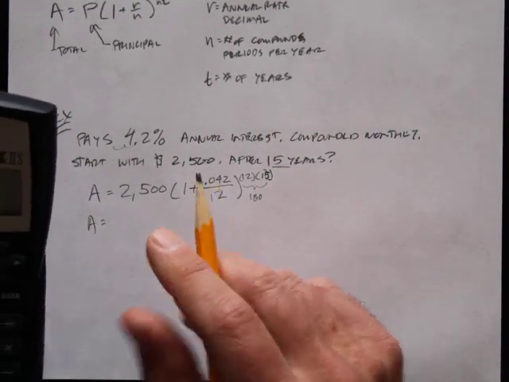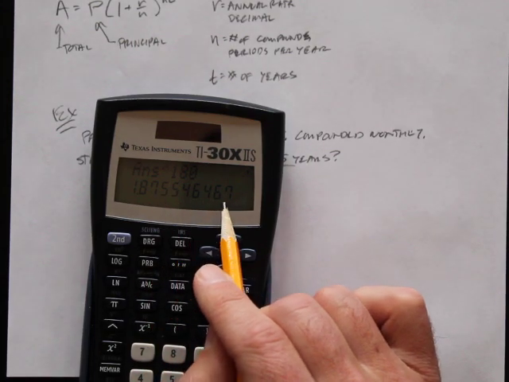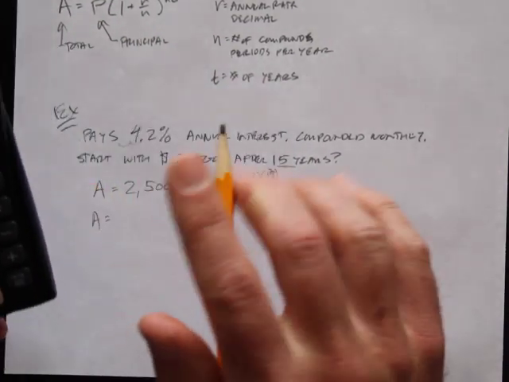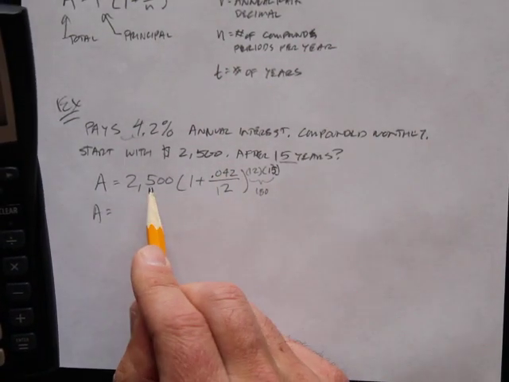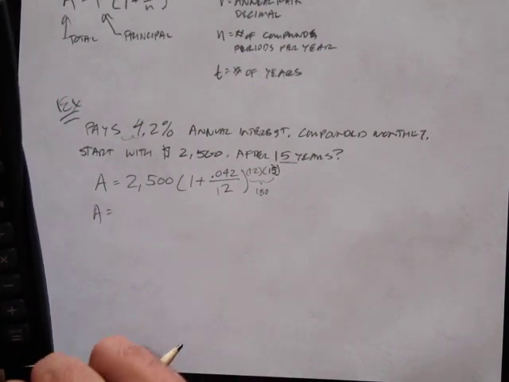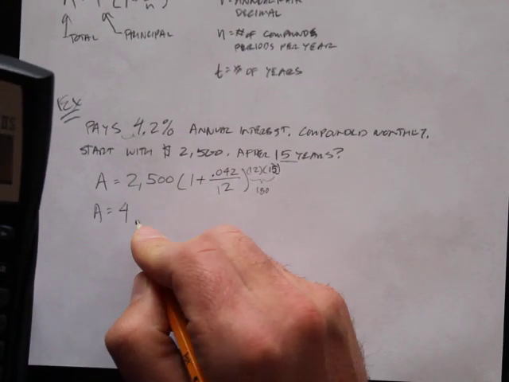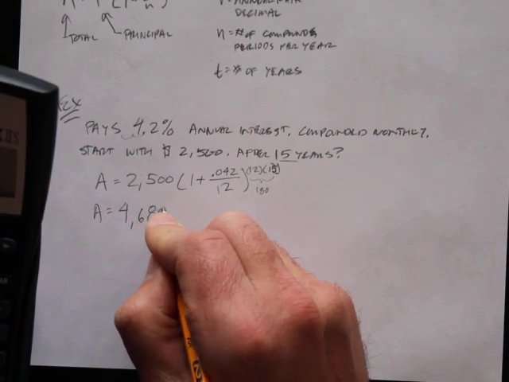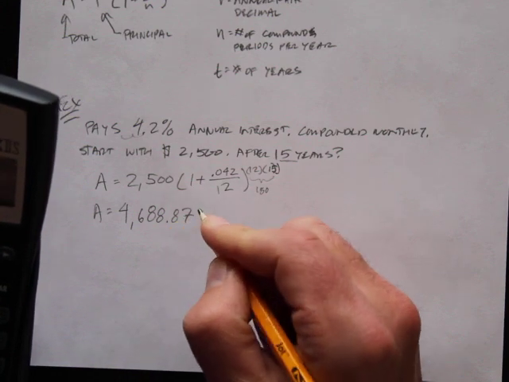Once I do that, then I get this number here, 1.875546. Okay, then I'm going to multiply that. I've done all of this mess. Now I'm going to multiply that by 2,500 equals $4,688.87.